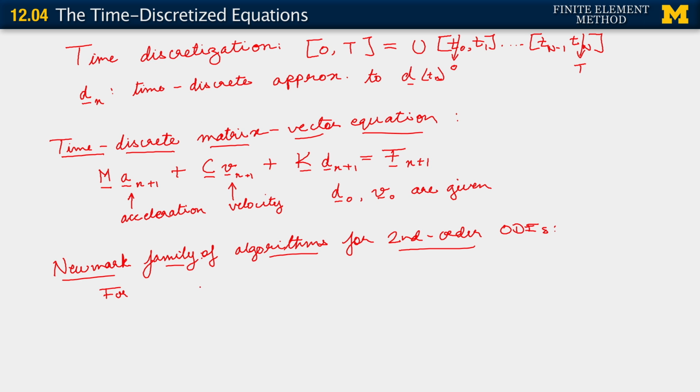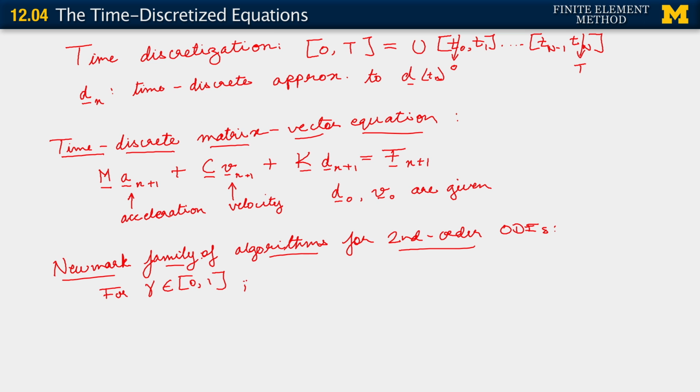Now, we need to have some parameters for this family. Just as for the Euler family of algorithms for first order equations, we had our parameter alpha. Here, because these are second order ODEs, we need two parameters. One of those parameters I'm going to denote as gamma, and gamma belongs to the closed interval 0, 1, just like alpha did.